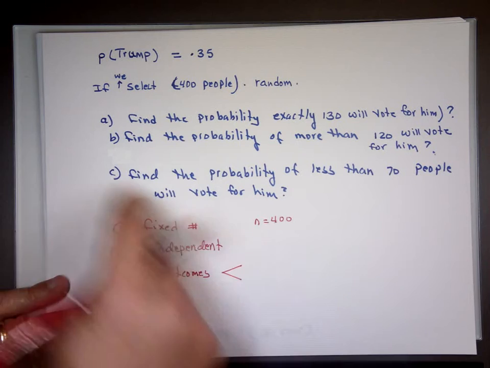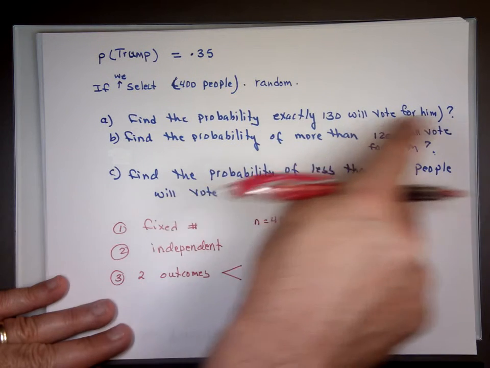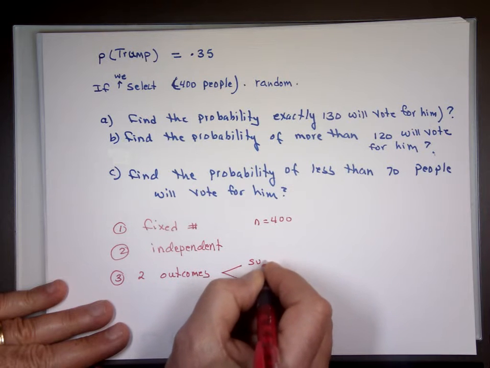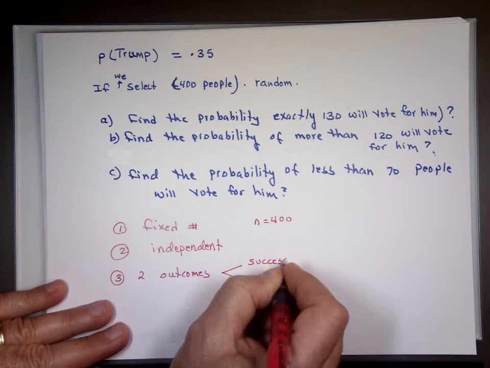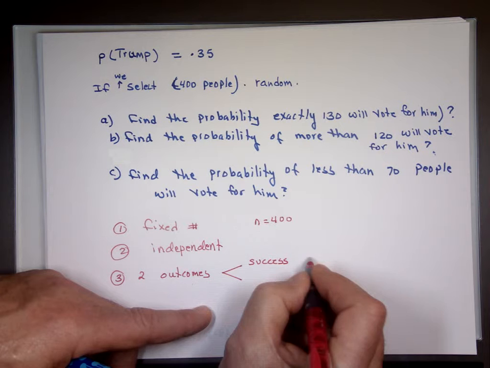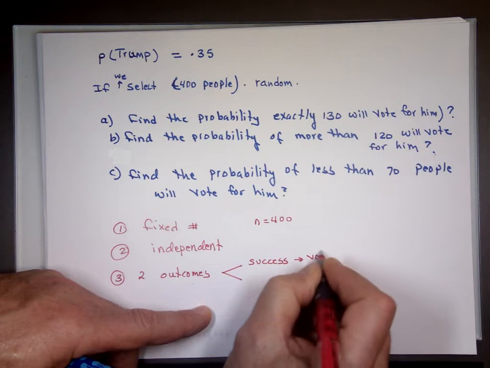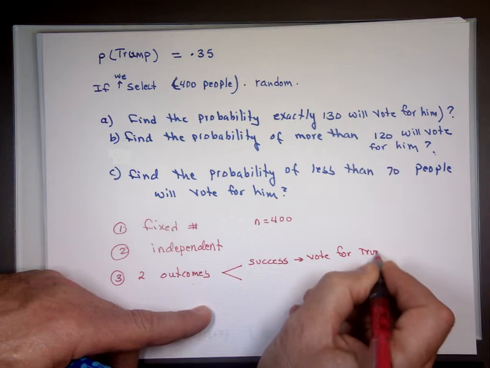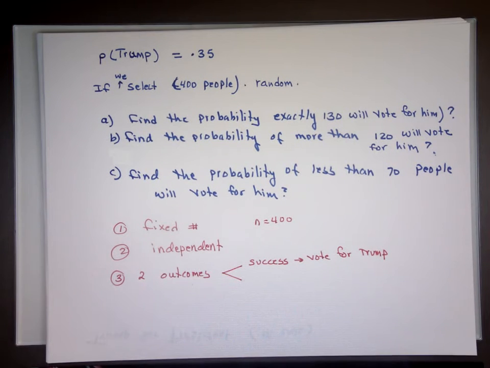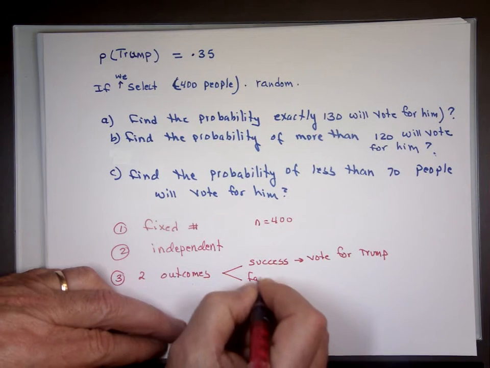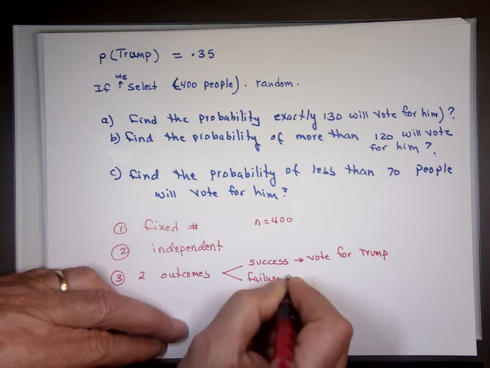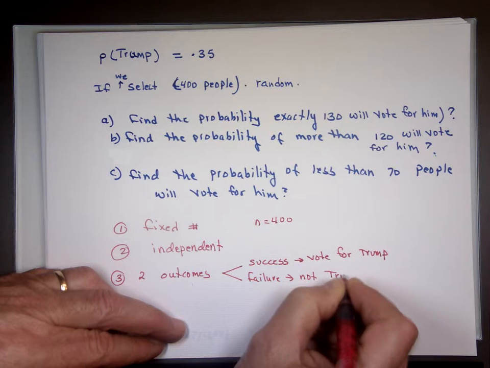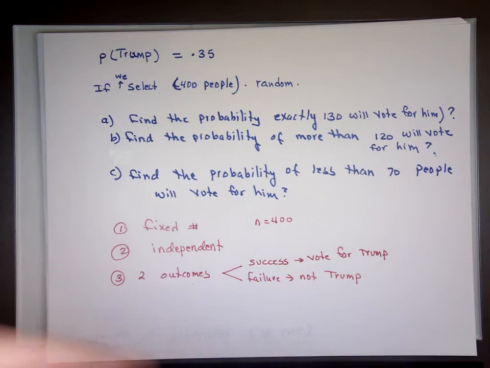Since the question says will vote for him, I'm going to define success as voting for Donald Trump, and failure as not Trump, anyone but Trump.